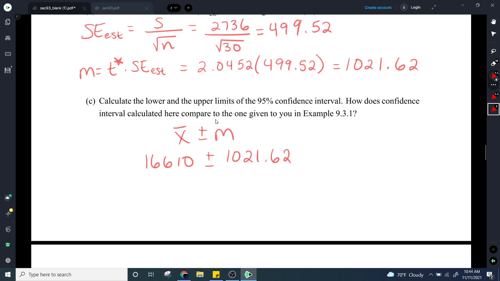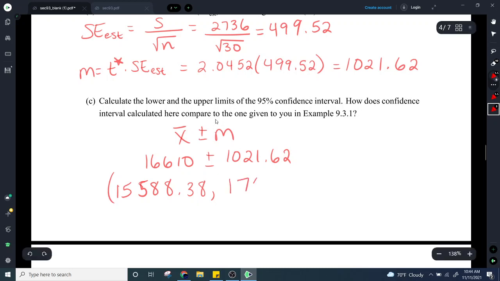So let me get those numbers. 16,610 minus the 1,021.62 gives me a lower bound of 15,588. I'll leave the change in there. That's 38. And then for my upper bound, we do the same thing, adding that margin of error, and I'm getting an upper bound of 17,631.62.